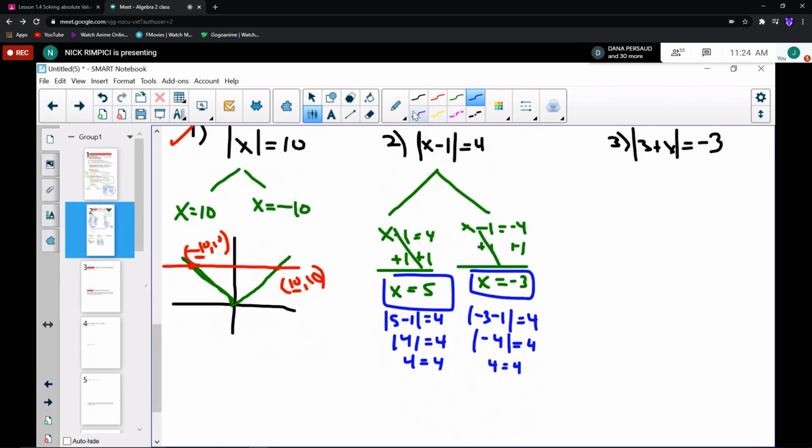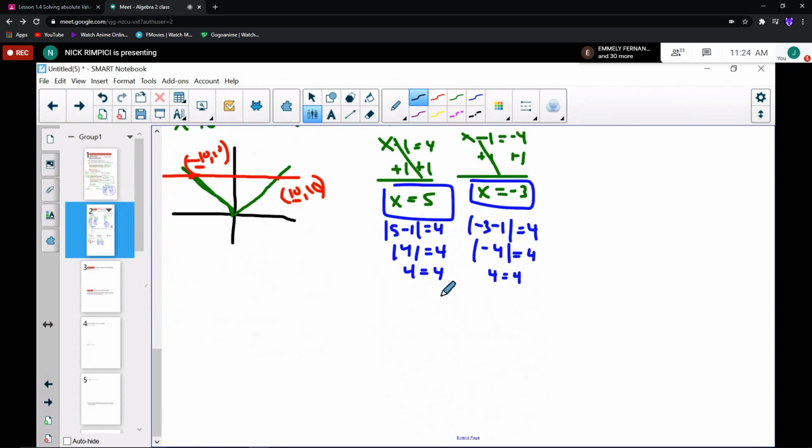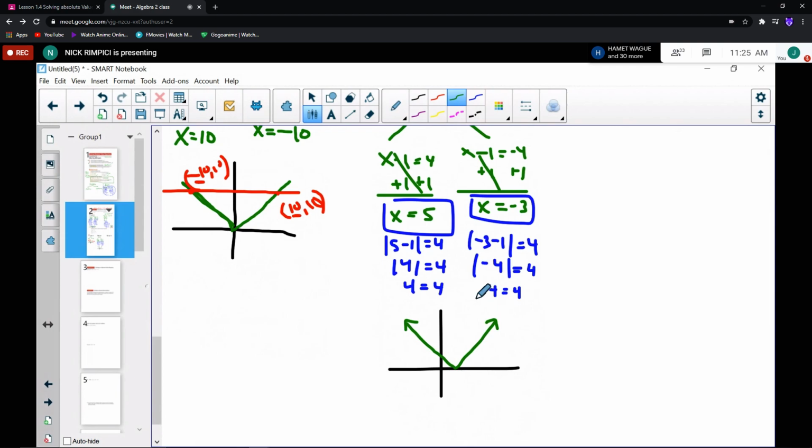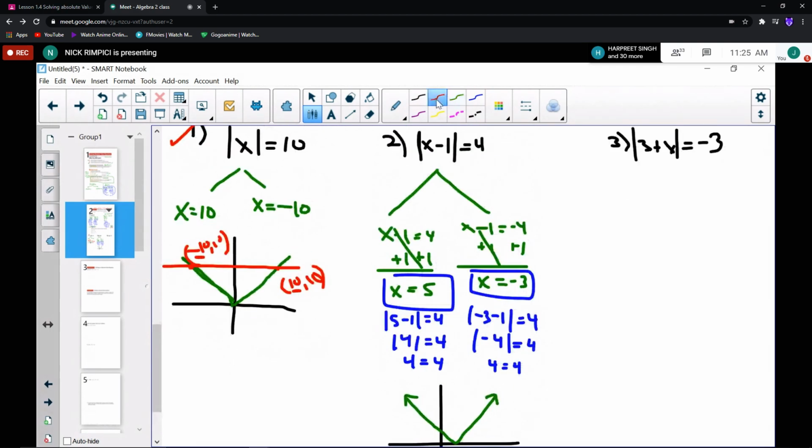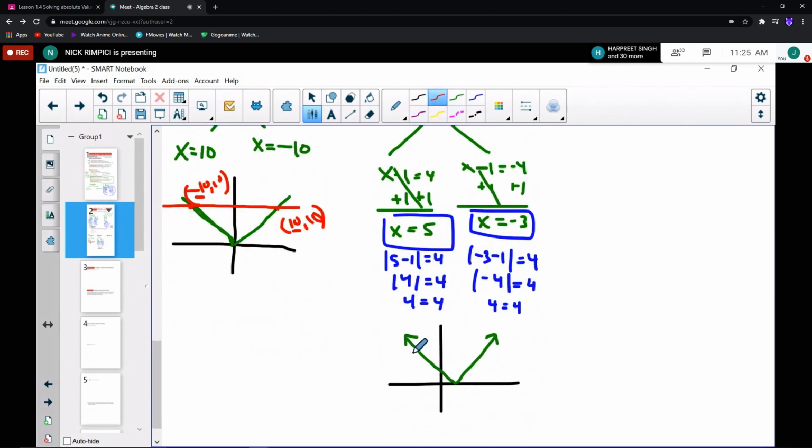If you did it graphically, you would have seen something like this. I'm sorry, my diagrams are not drawn to scale. This is just off the top of my head. This coordinate right here is going to be negative 3, comma 4, but you only care about the x, so negative 3.